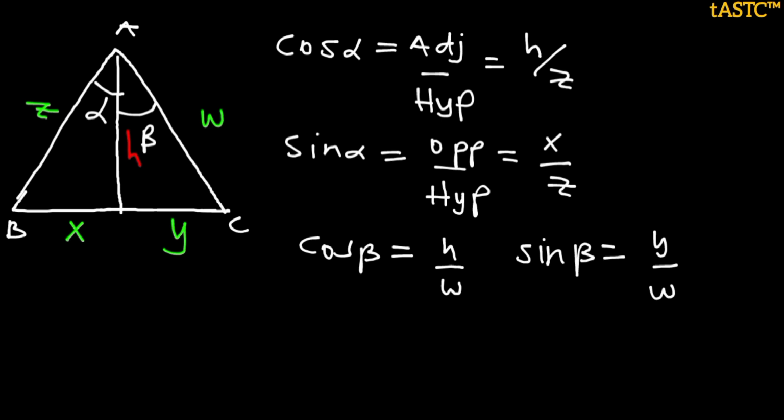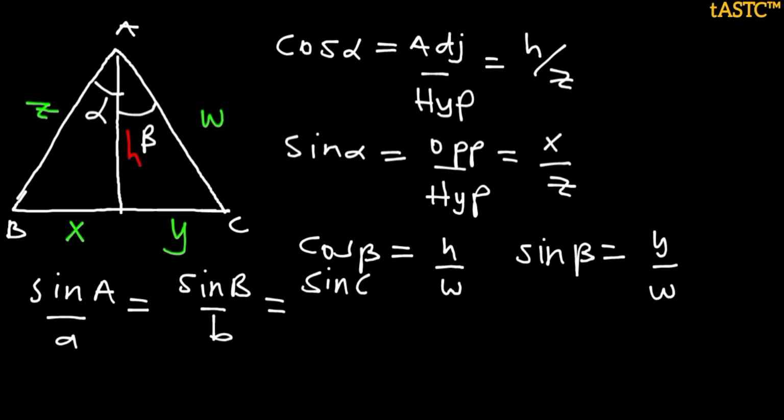Now, first thing I'm going to do, I would actually use the sine rule. In this case, I know that I could have sine A divided by a, and that is equal to sine B divided by b. That will be equal to sine C divided by c.